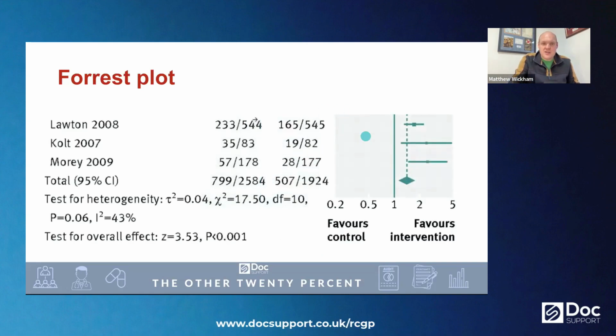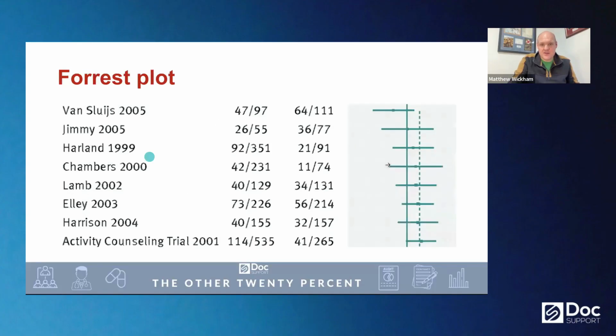Out of all of these, three studies favor intervention and are statistically significant. All of these are touching the line, so aren't statistically significant, and the majority of them are on the favors intervention side, and there's one that's on the favors control side, just over on that side.